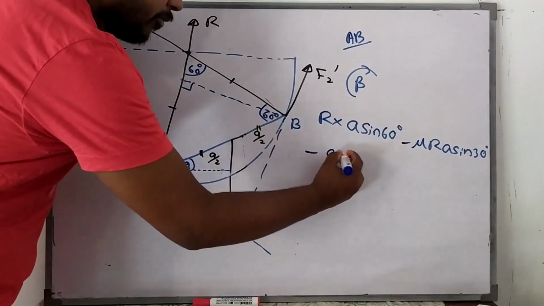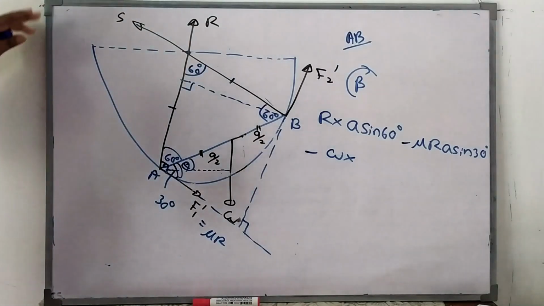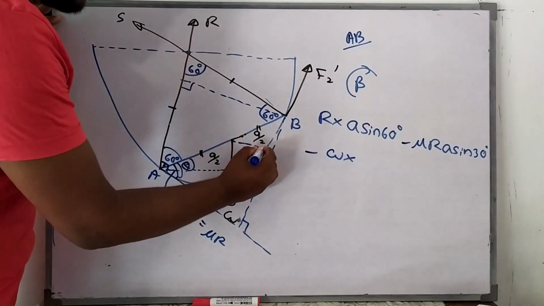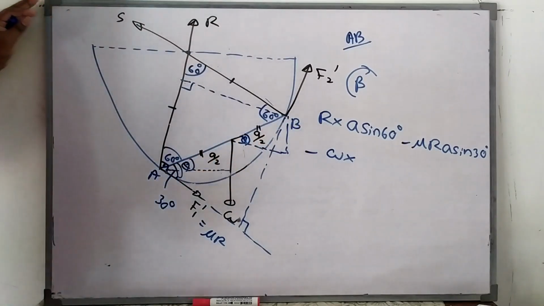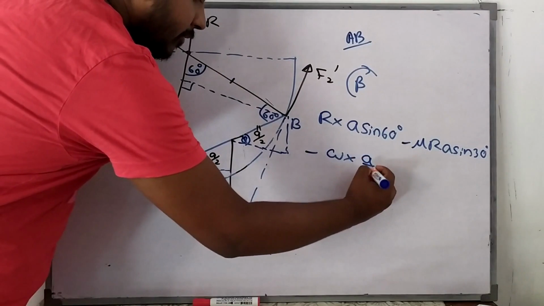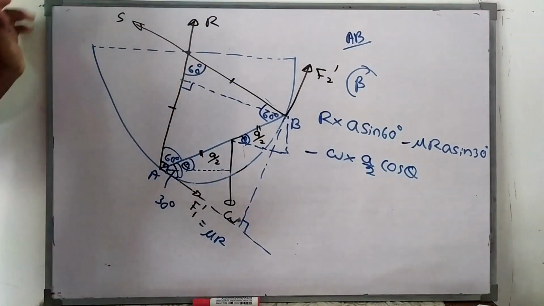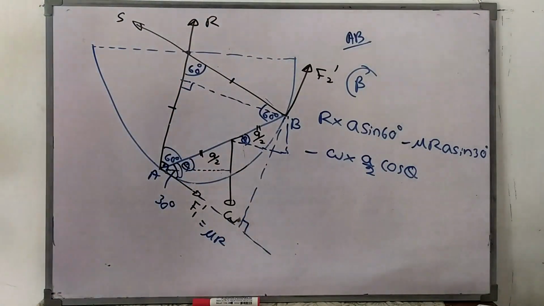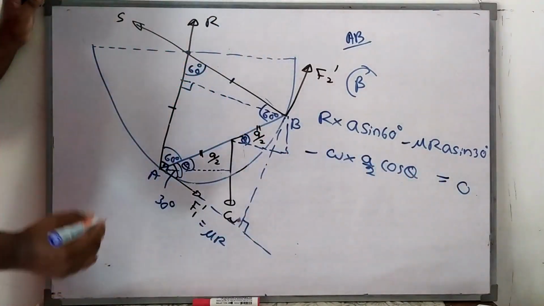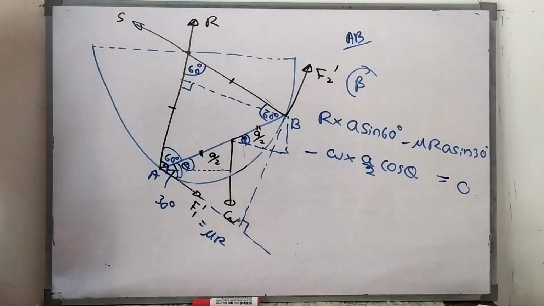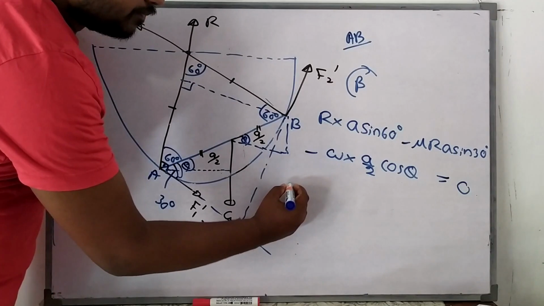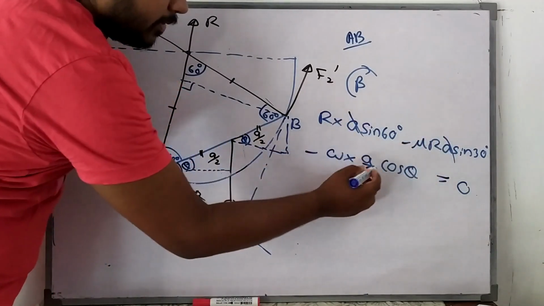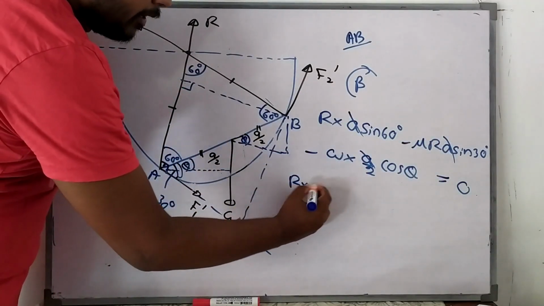What about W? W into the perpendicular distance. The distance is A by 2, and the angle is theta, so A by 2 cos theta. All the A's are cancelled.